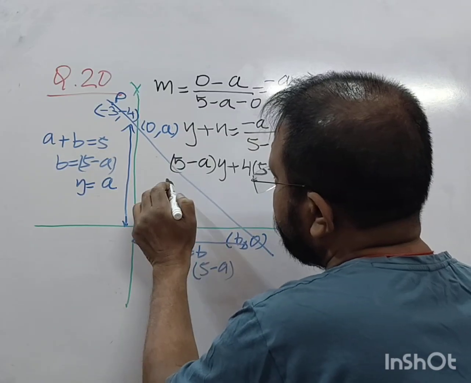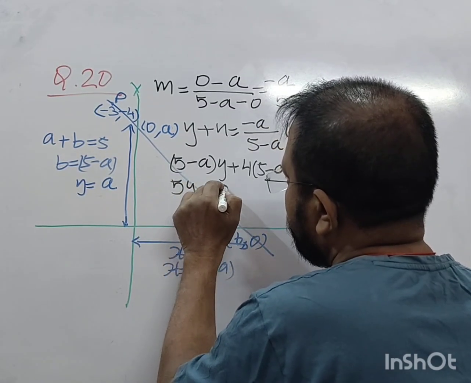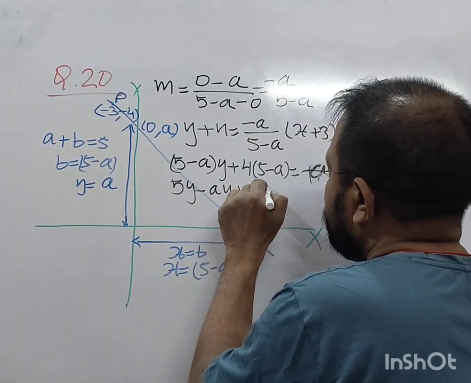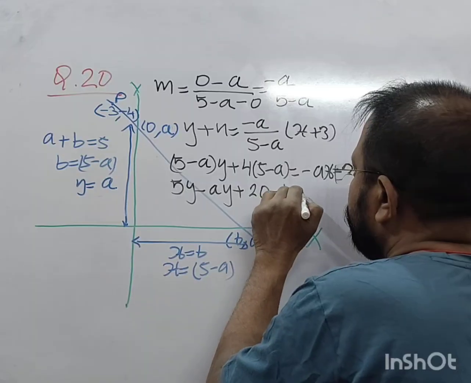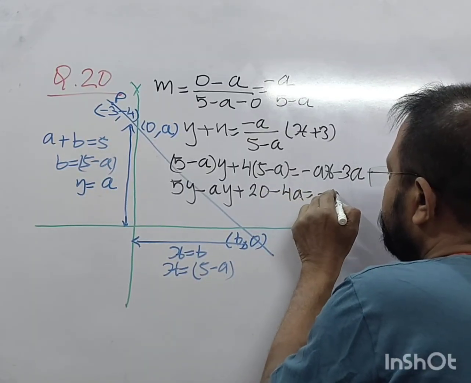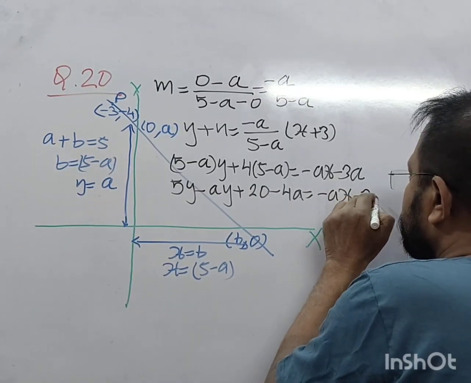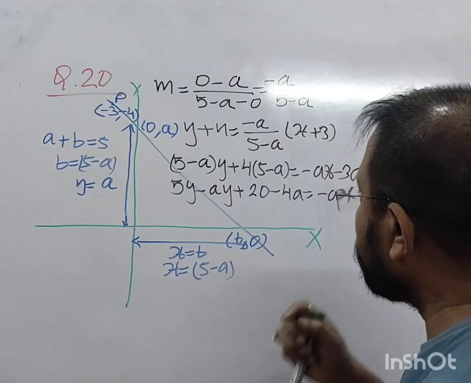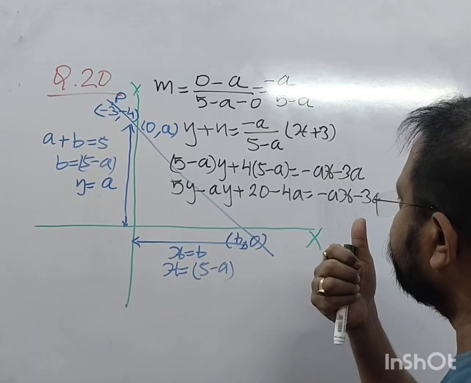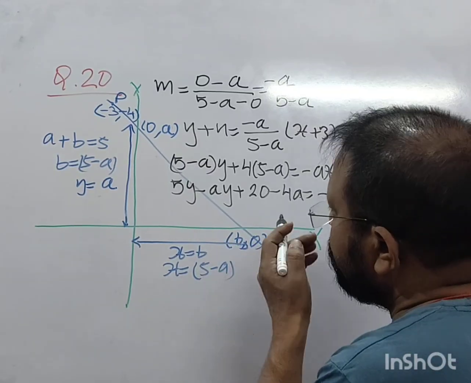So you get 5y minus Ay plus 20 minus 4A is equal to minus Ax minus 3A. Is this correct? Yes. Okay, so what do we do now?